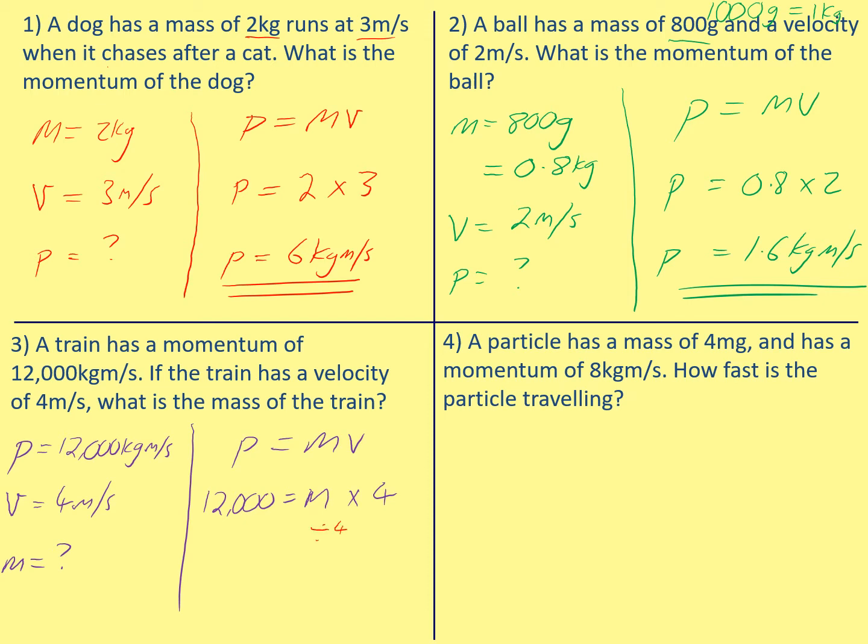Divide by 4, both sides. So on this side, I'm left with the mass, because it's been times 4 and then divided by 4. And this is 12,000 divided by 4, so the answer is 3,000 kilograms. Perfect.